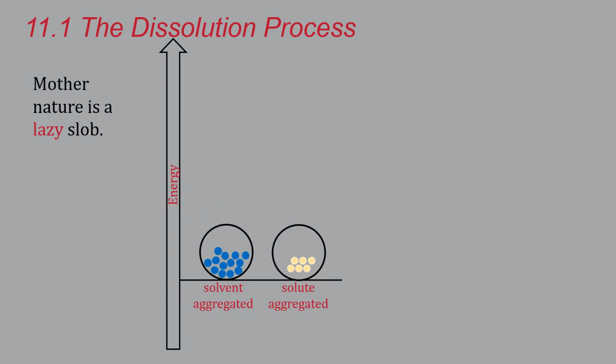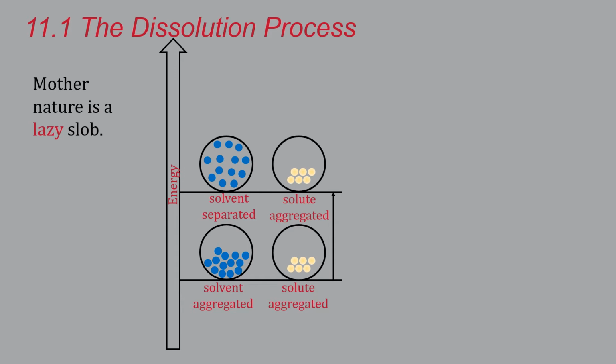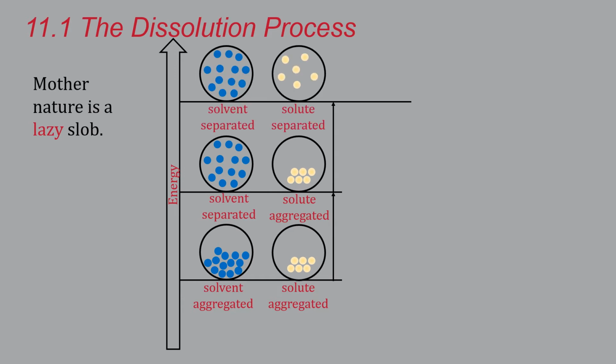Sometimes it works out like this. So we start with our aggregated solvent and our aggregated solute. We separate the solvent. We separate the solute. We make the solution. So we allow the solvent and the solute to interact. Those are likely attractive interactions. It's energetically downhill, but maybe not enough to get you below the original solvent and solute level.